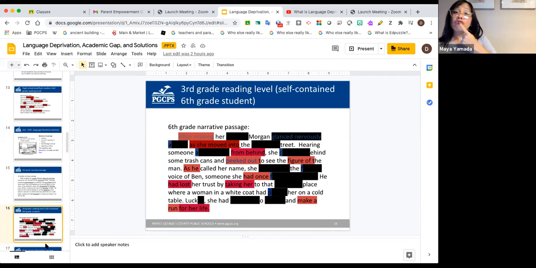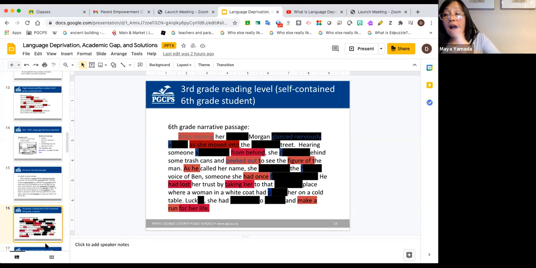And then again, I highlighted the red because those are phrases they haven't heard. They might have seen the word in the phrase, but don't realize that peeked out is a phrase and we read it together, not individually. And we often see that in deaf and hard of hearing children.